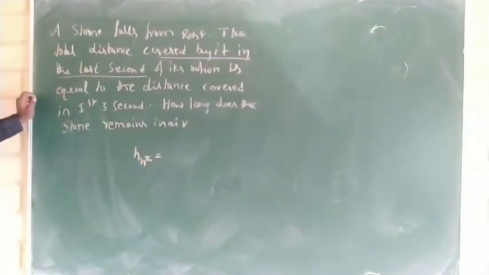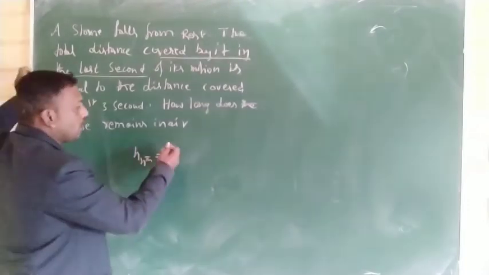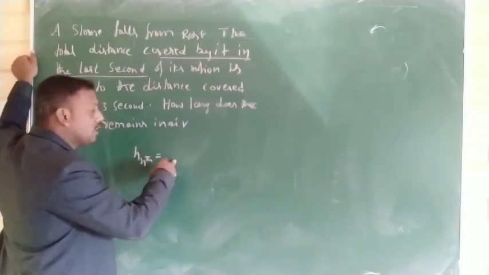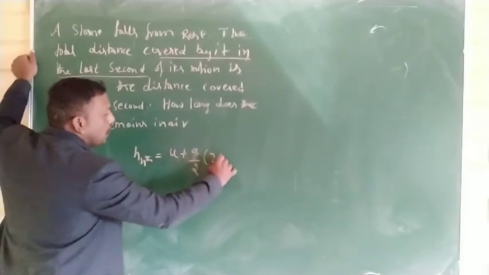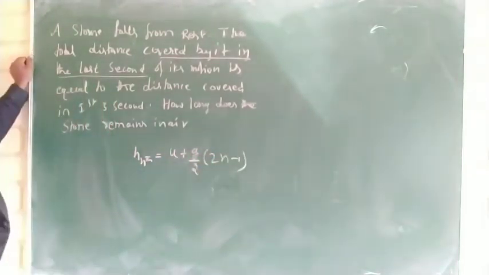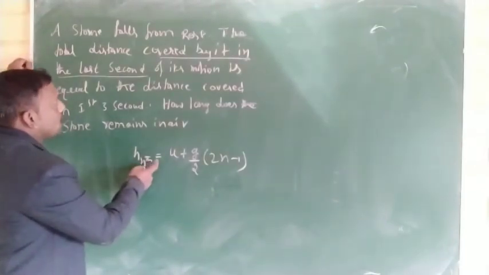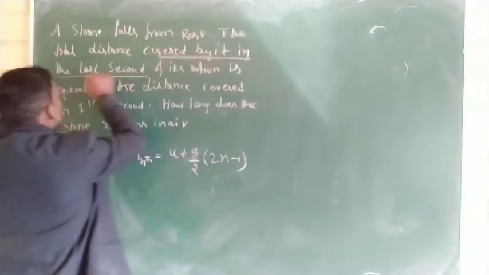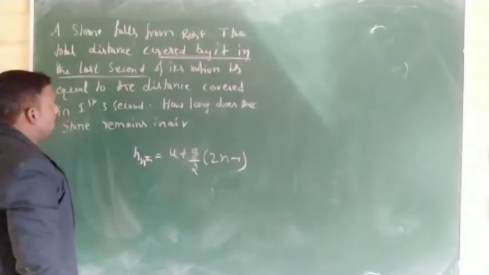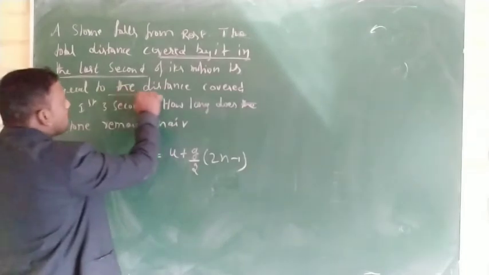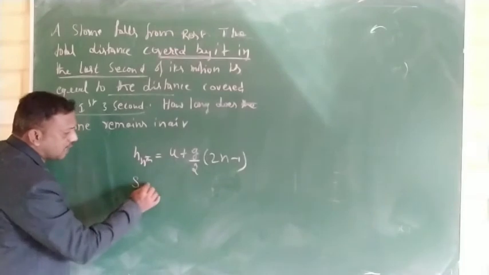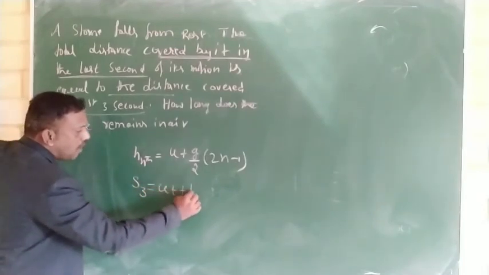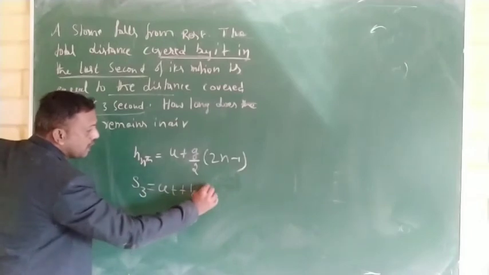What is the formula for the total distance covered by the body in the last second? The distance covered in the nth second is u plus g by 2 into 2n minus 1. The distance covered in first 3 seconds, S3, is equal to ut plus half of gt square.